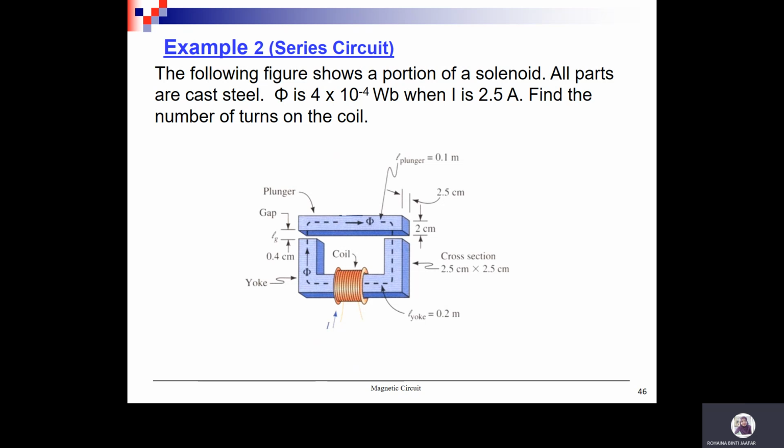Okay, next is example 2, also a series circuit. The following figure shows a portion of a solenoid. All parts are cast steel, and your flux is 4 times 10 power of minus 4 Weber. When I is 2.5 ampere, find the number of turns.